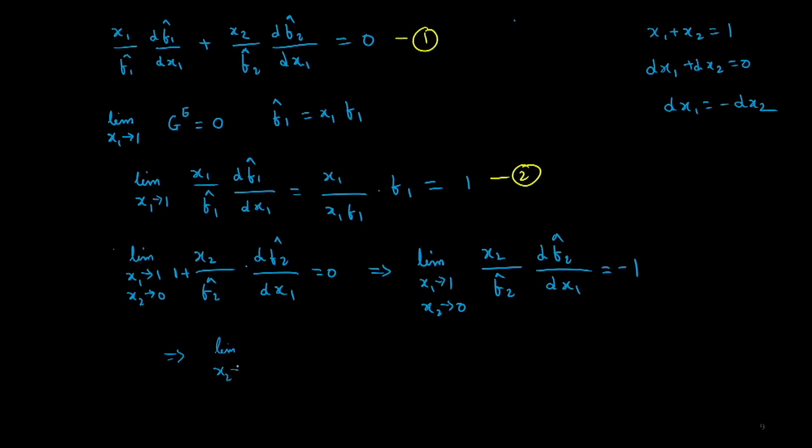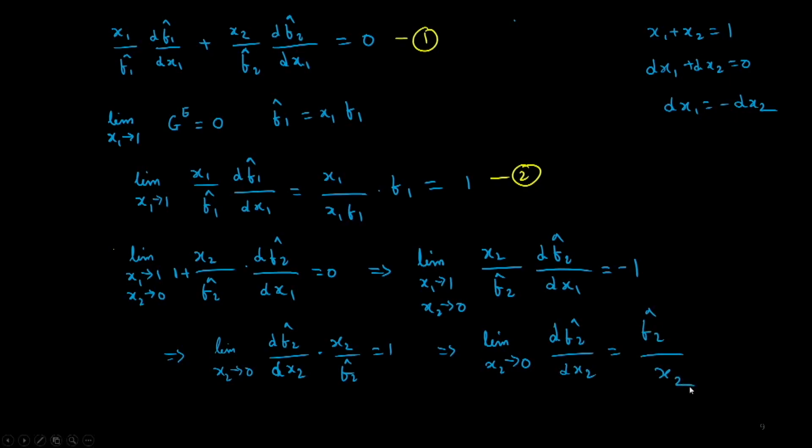and what that means is, limit as x2 goes to 0, df2 hat over dx2 times x2 over f2 hat will be equal to 1, or limit as x2 goes to 0, df2 hat over dx2 will be equal to f2 hat over x2.